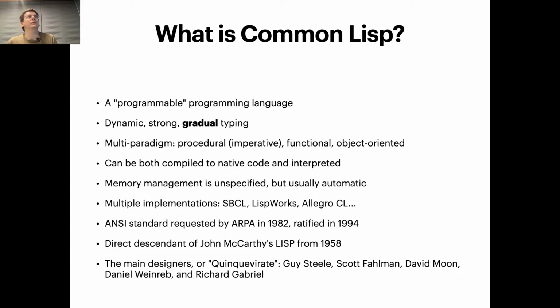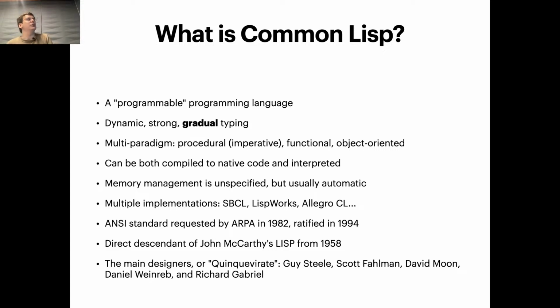And it's gradually typed, so we don't have to specify types of each variable or each function up front. We can do it later, gradually, so we can prototype something quickly, don't specify any types, then we can optimize it by specifying them.